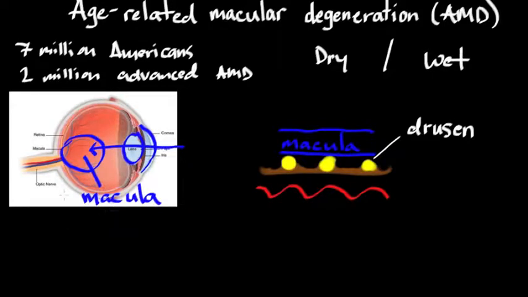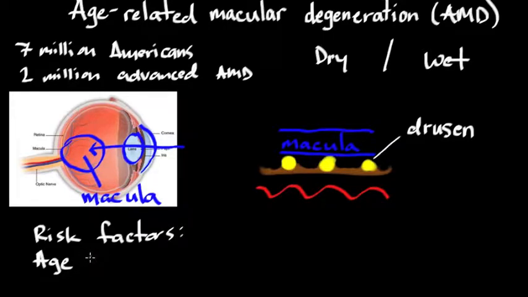Now, who gets this? What are the risk factors for macular degeneration, or AMD? First, and we've talked about this one already, is age. Generally speaking, as we get into our 60s and our 70s, so I'm going to say age greater than 60 is a risk factor.